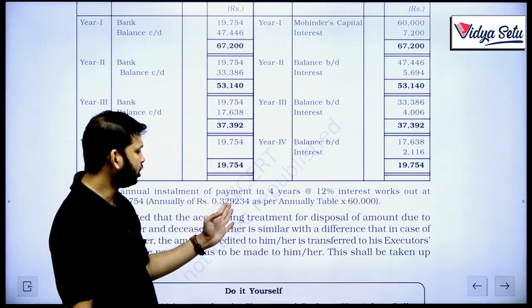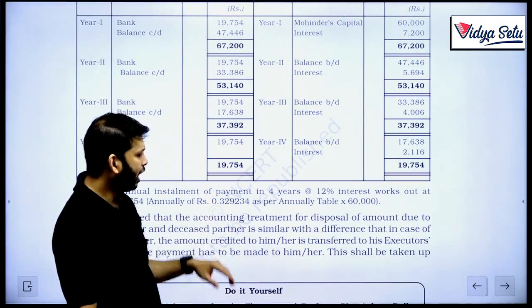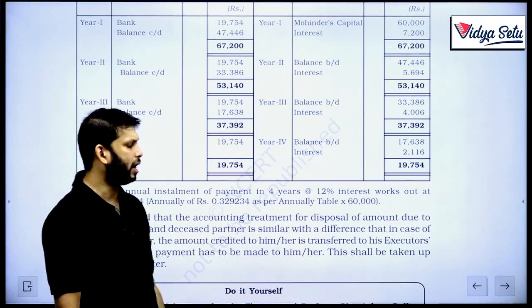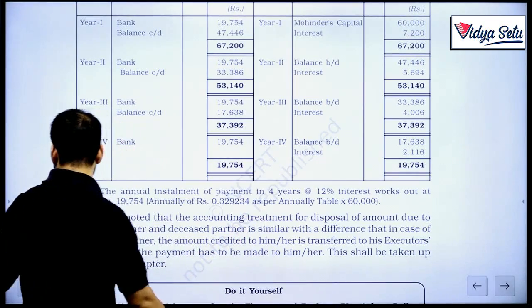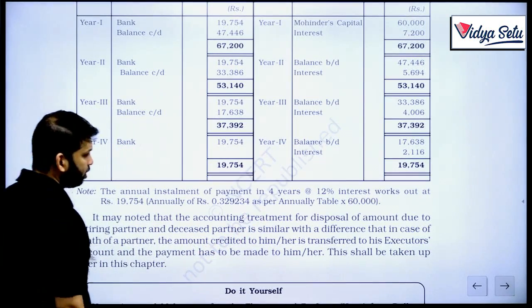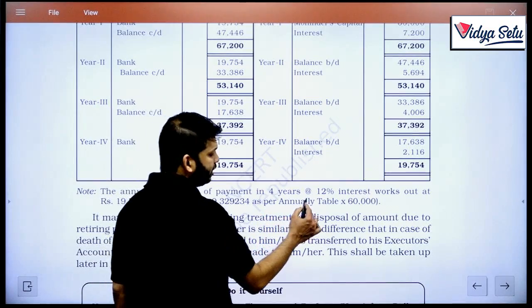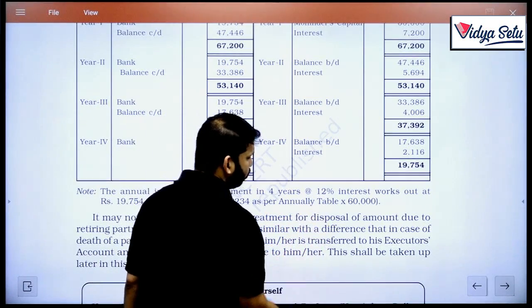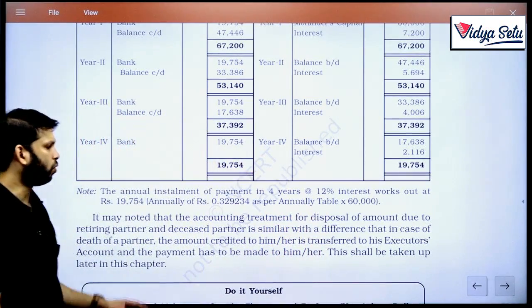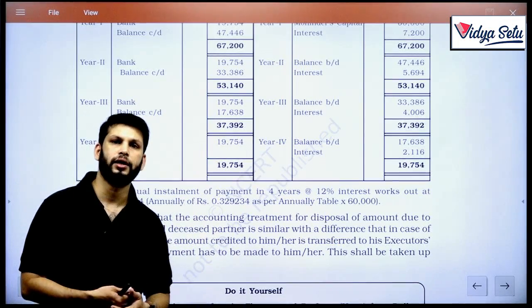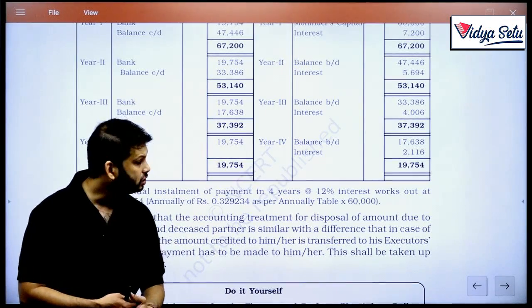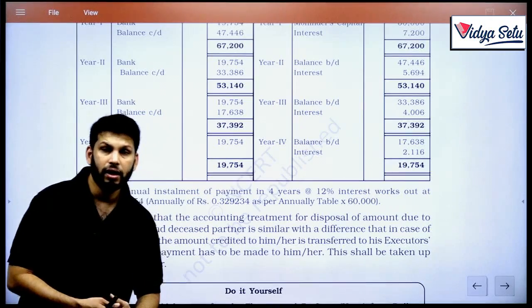Annually 0.329234 as per the annuity table, multiply by, this is not annually table, this is annuity table. Okay, what is the annuity table? How to calculate the installment? I'll just tell you in a bit.